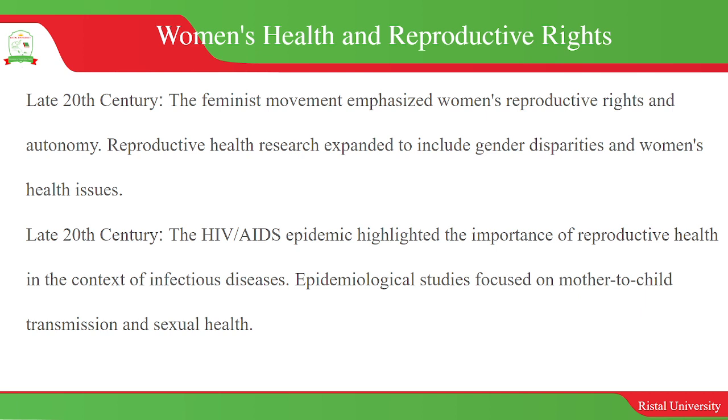And then, again in the late 20th century, the HIV pandemic became very key in shaping the discussions around reproductive health. Epidemiological studies were then conducted in relation to maternal HIV, transmission of HIV, and sexual health.